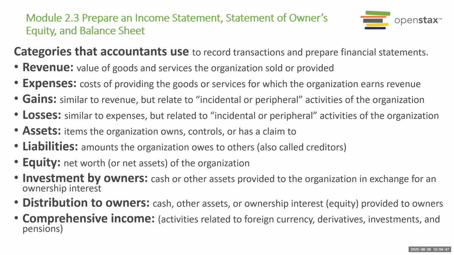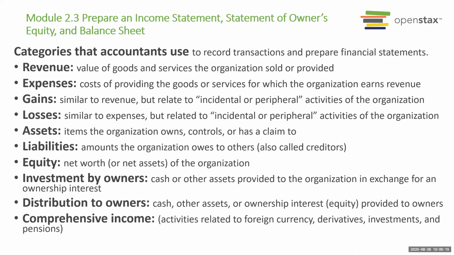Gains and losses: gains are incidental, peripheral, or one-time events that cause money to come in. We talked about selling a truck. And losses are incidental or peripheral activities that you're normally not in business to do. We talked about wrecking a truck without insurance.